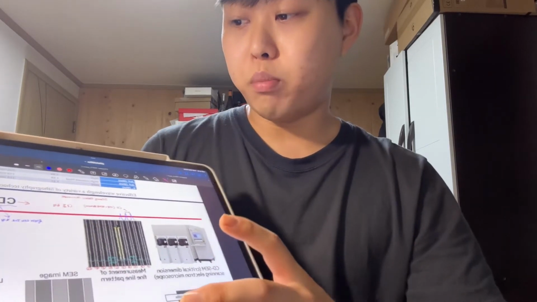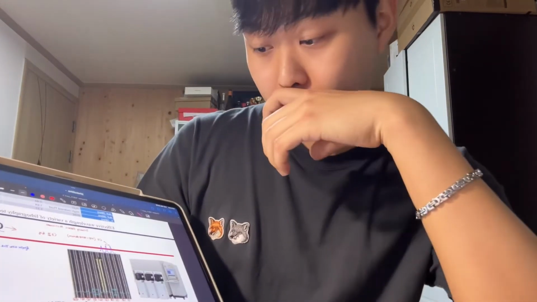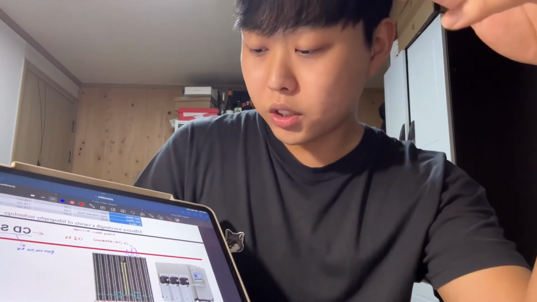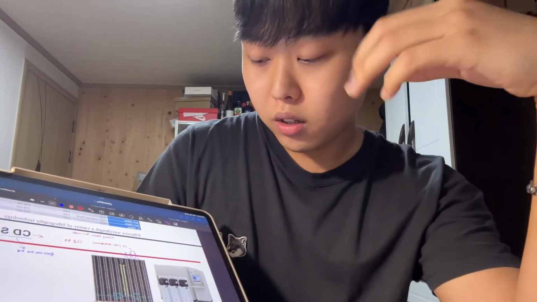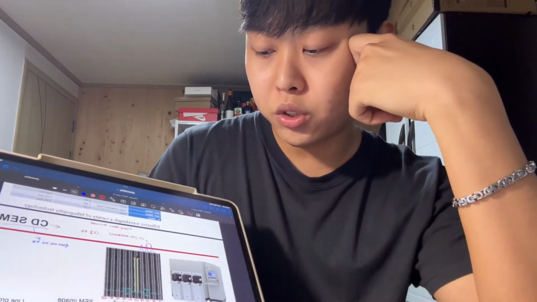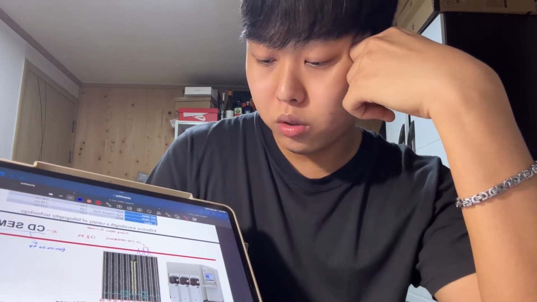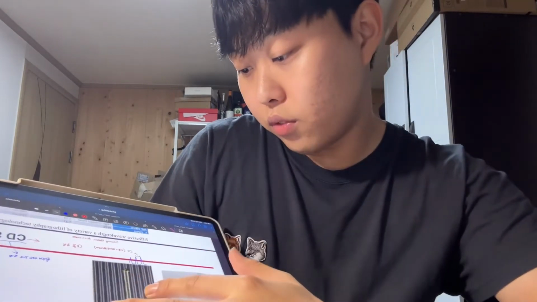Now I'm going to talk about the CD-SEM, which is a device to measure the CD value in the material. How do we measure it?